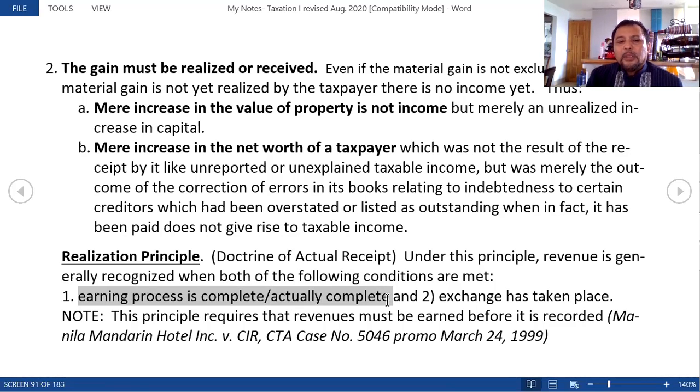So there's a transaction and payment was already received, a complete transaction. And secondly, the exchange has taken place. If the buyer has already paid and the seller has already surrendered the property, then there's an exchange of properties. These are the two requisites in the realization principle. The principle requires that revenues must be earned before they are recorded.